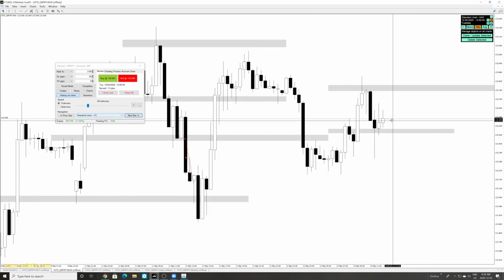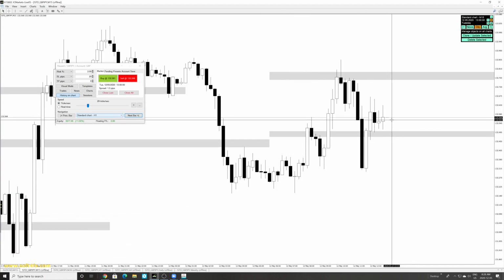Looking at the 30-minute time frame, it looks like the previous 30-minute candle left a wick. This candle also left a wick, but at the same time, we're also creating a support. So now we have to see if we have some sort of resistance forming on the 15-minute time frame or not. Looking at the 15-minute time frame, it is also bullish at this point.